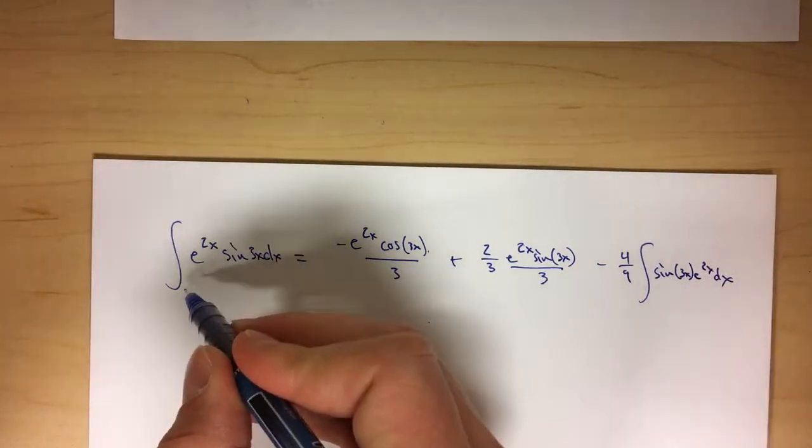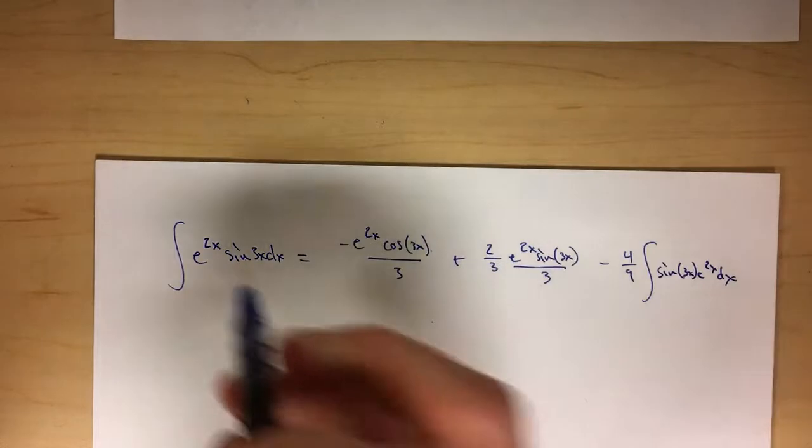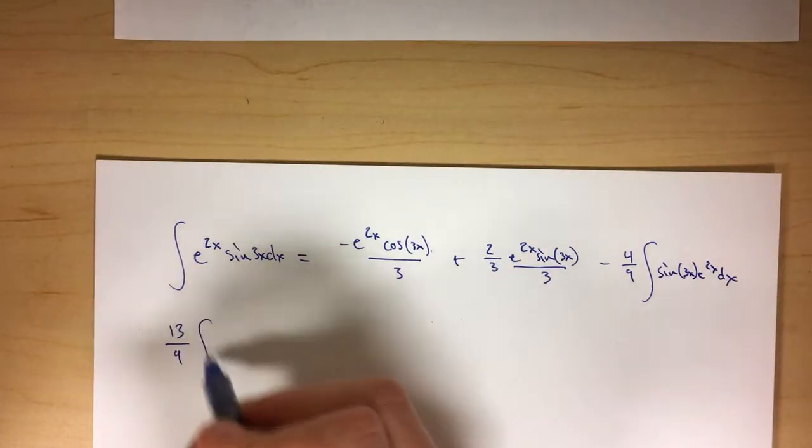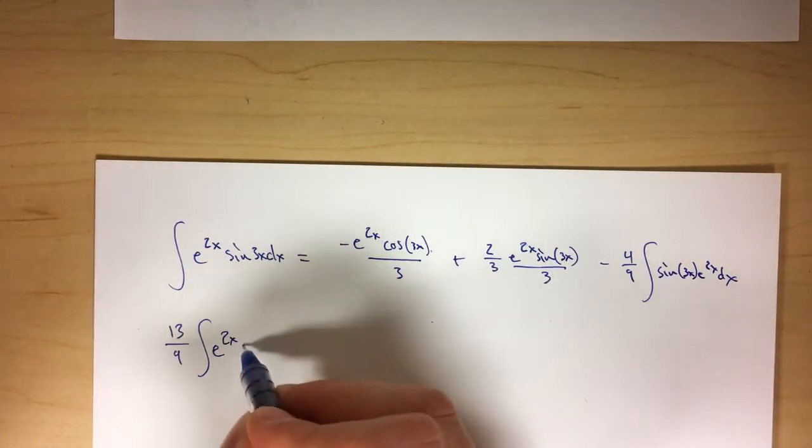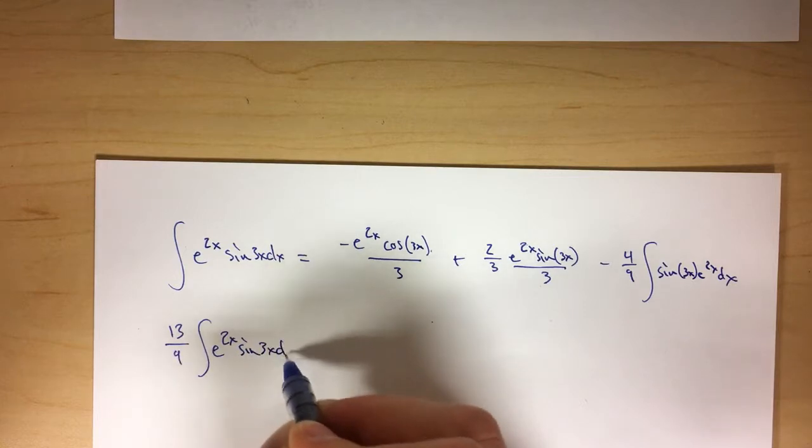If I add this to this side, 9/9 plus 4/9 is 13/9 times the integral of e to the 2x sine of 3x dx.